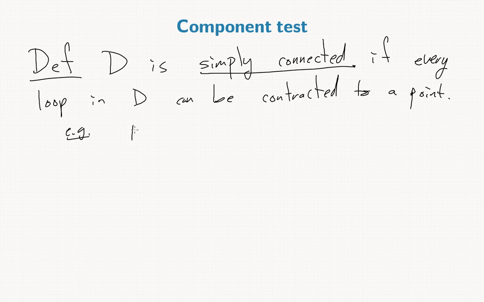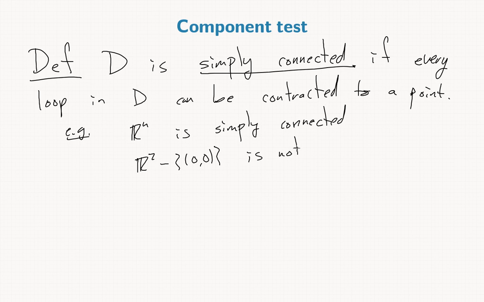So for example, R^n is simply connected, but R^2 minus the origin is not. Although R^n minus the origin is, for n greater than or equal to 3.